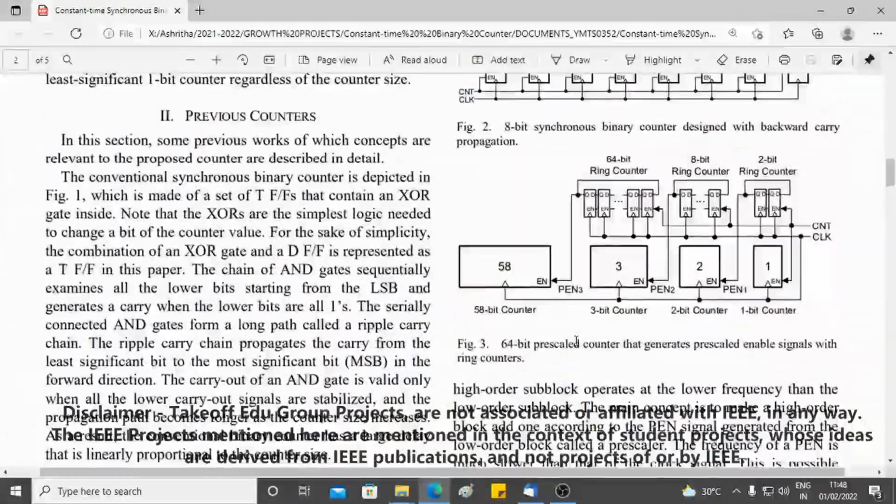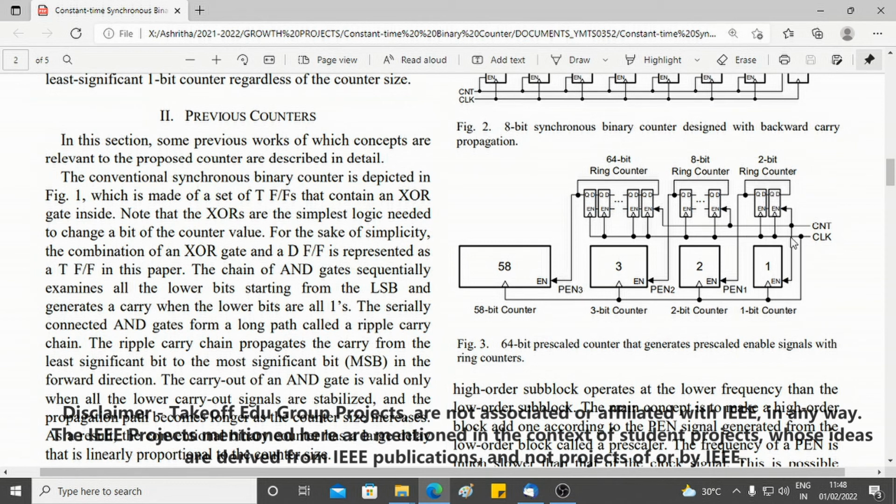Pre-scaled means the counter which we have to implement is previously segmented into parts, and after that the counting operation is performed. That's why it is called a pre-scaled counter. To perform the counting operation and to reduce the fan out, we use different enable inputs generated through ring counters.